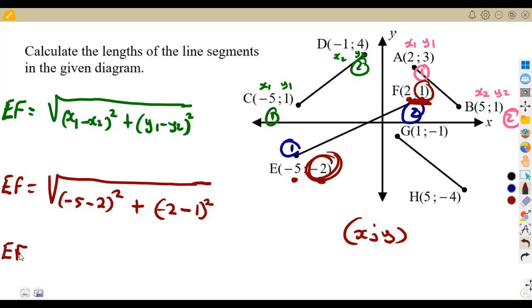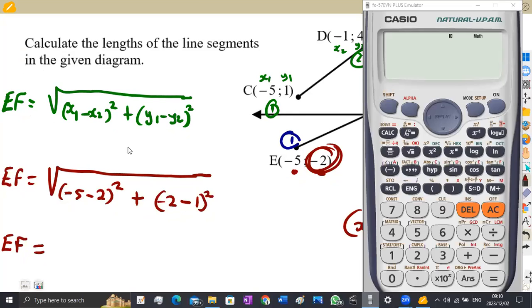So we've got the length of the line EF, which we can simplify from our calculator directly, like I said, or you can simplify stage by stage. What am I trying to say?